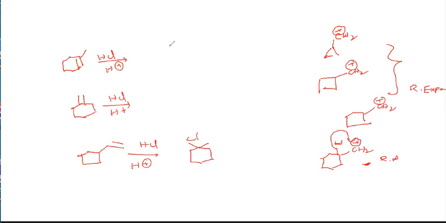Okay, I'll write down the answers. Here, this is a product, because it is a ring expansion case. Once note down, I will explain the mechanism of this one.